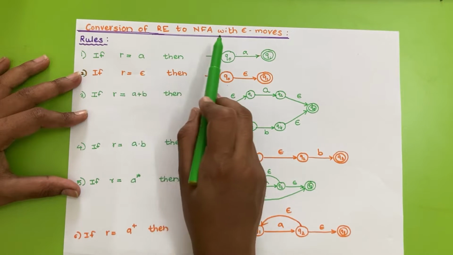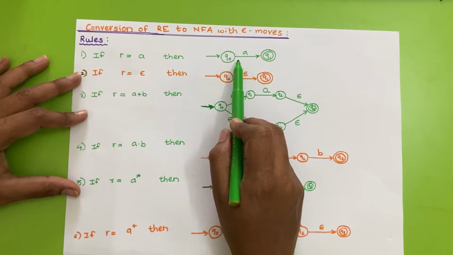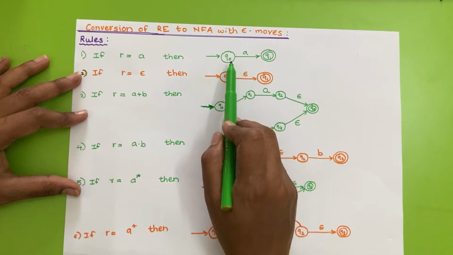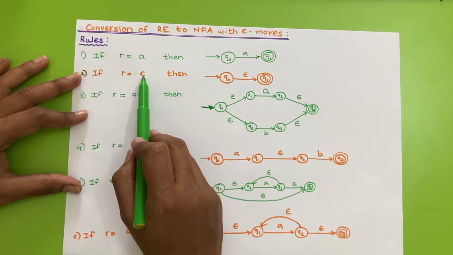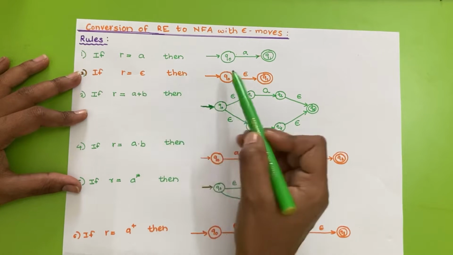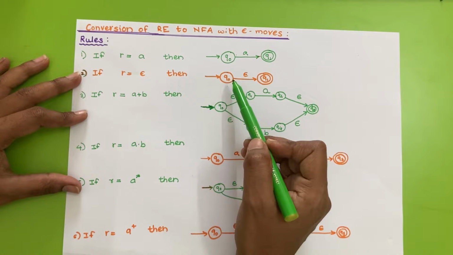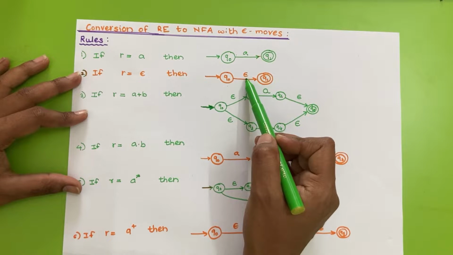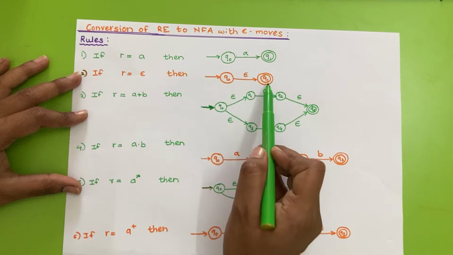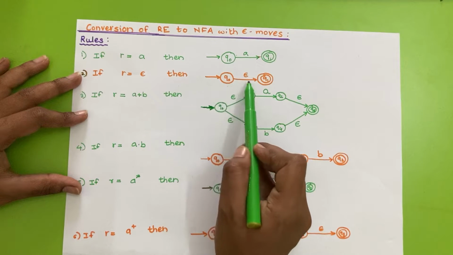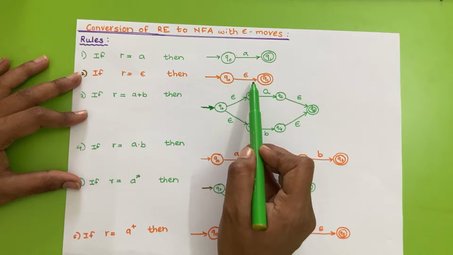This expression can be drawn as an NFA with empty moves like this. Instead of A, if we have empty, then the same diagram will be repeated, only the input symbol will be empty.